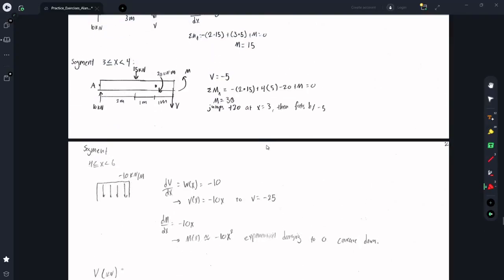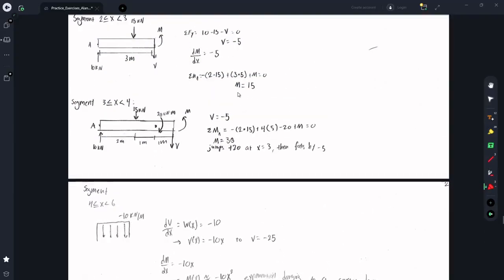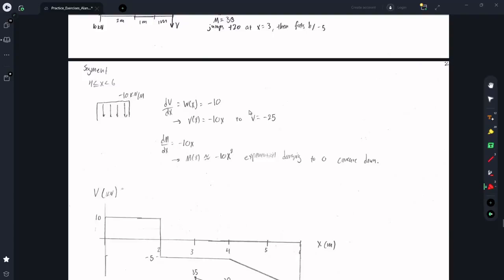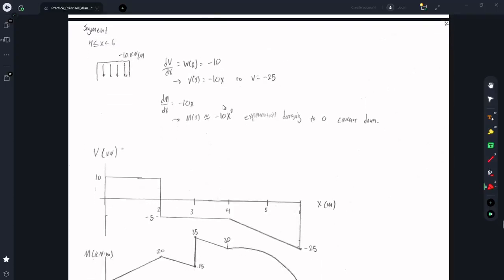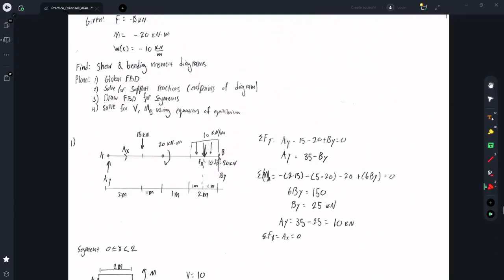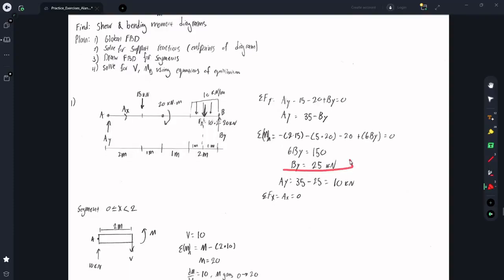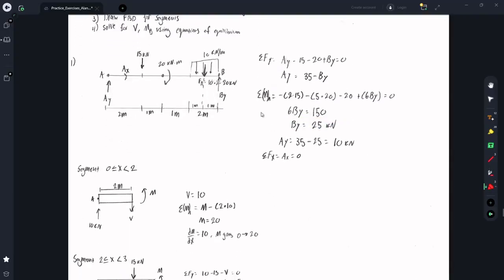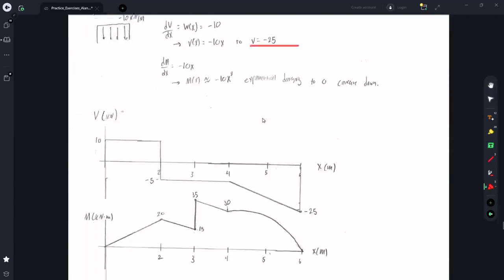I believe we were at -5, so it's going to decrease at a rate of -10 per meter to -25, and we know it's going to go to -25 because that was the support at B, 25 kilonewtons. Because it's negative, we know it's going to keep decreasing to -25.